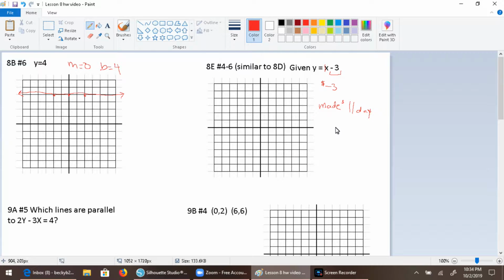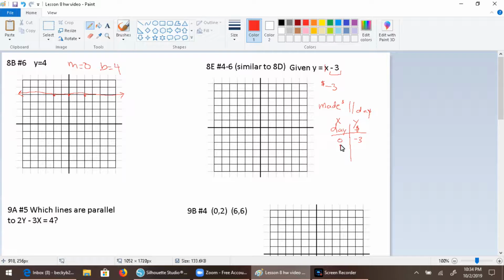Alright, so if we have a chart, we have the day and how many dollars he has. So our day is going to be our x, and our dollars is going to be our y. So on the 0 day, when he started out, he had negative $3.